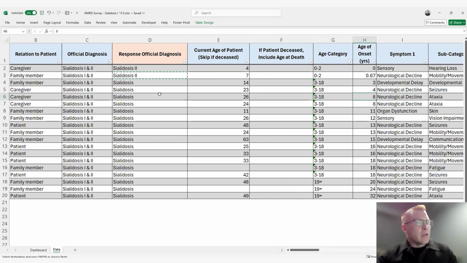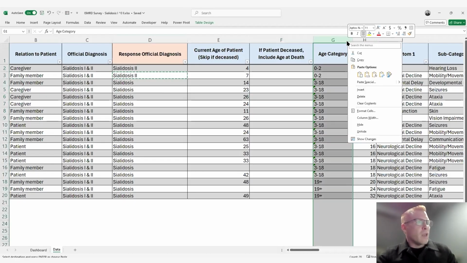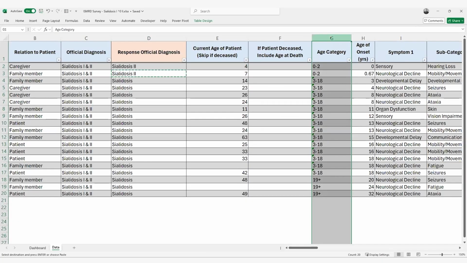So clearly we can see the onset of age is heavily skewed towards juvenile or late onset, infantile, you know, we're talking 10, 15%.